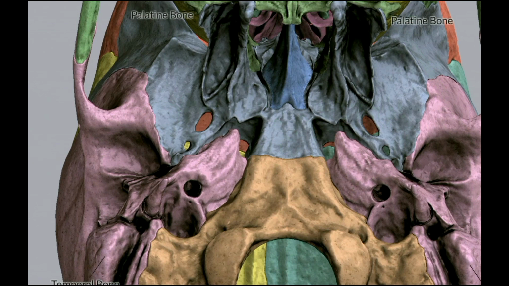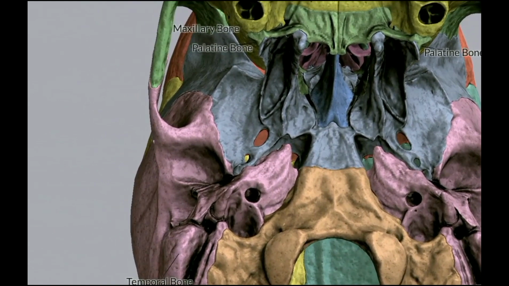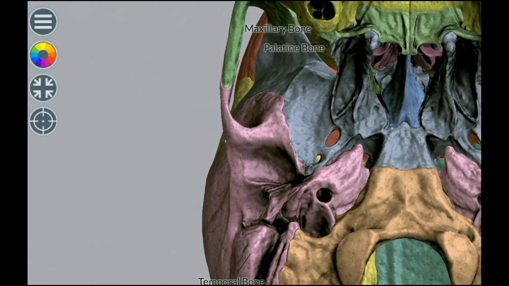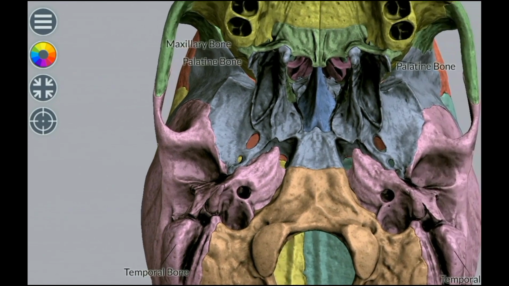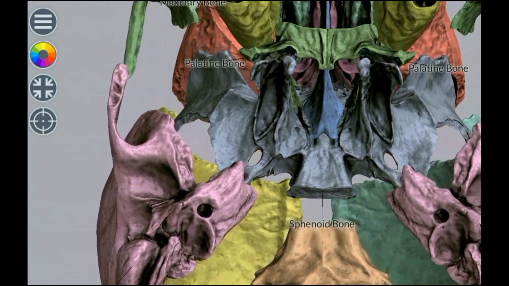So what are the bones you will see in this middle part of the Norma basalis? We have seen two bones in the anterior part, maxilla and palatine.